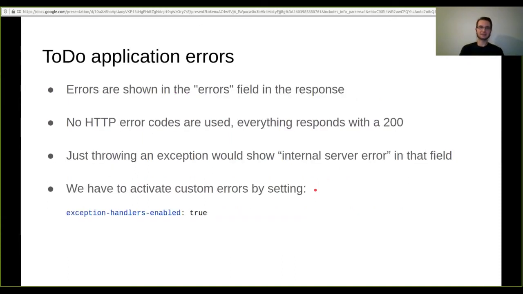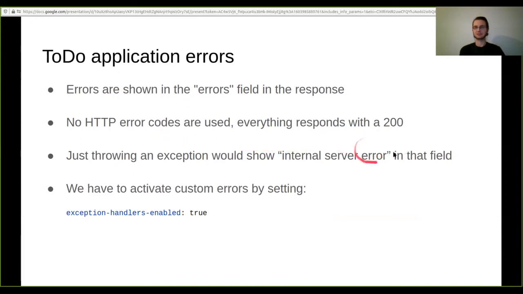Regarding errors and exceptions, when you get a GraphQL response, there can be 2 fields, a data field and an errors field. And of course, errors are shown in the errors field. So if you use GraphQL over HTTP, which you do when using GraphQL Spring Starter or GraphQL Kickstart, then you don't get any HTTP error codes.